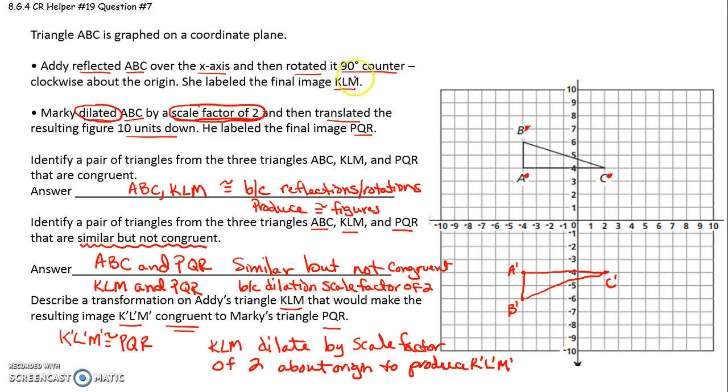I don't yet have KLM because now I have to rotate 90 degrees counterclockwise. Going counterclockwise, that's the direction. We would first reverse, arrow, change the sign. So here if I have -4, -4, that becomes, first reverse, arrow, change the sign, so that's 4, -4.